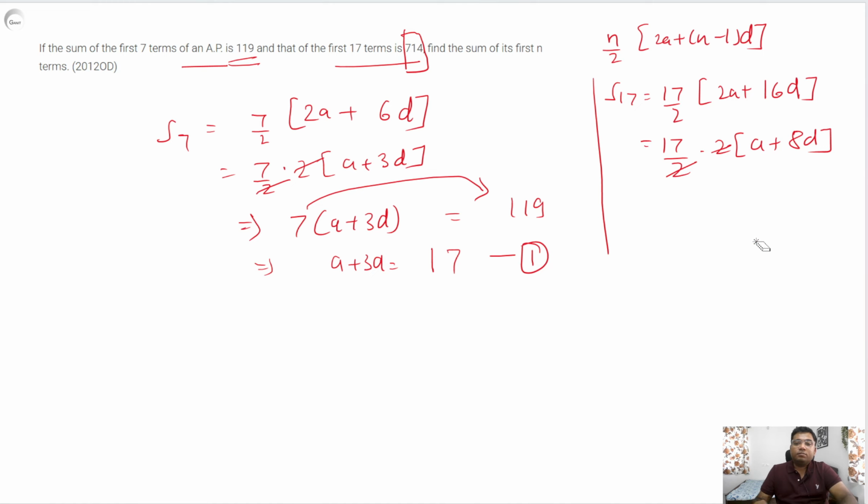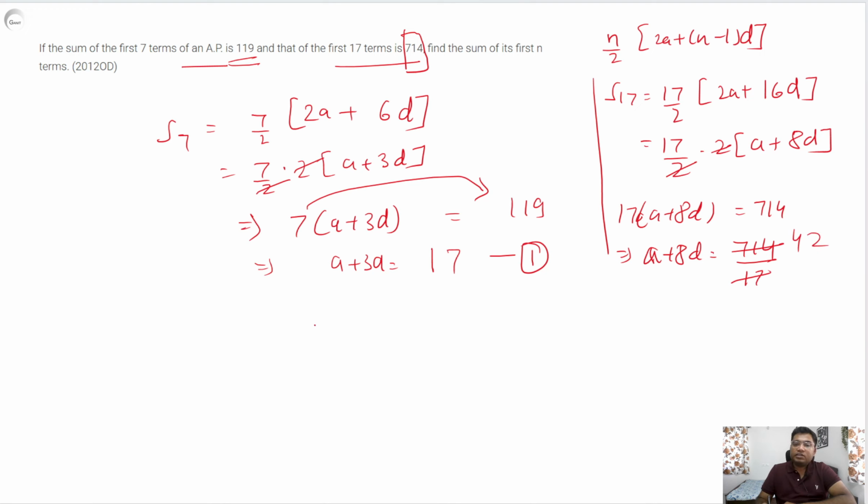I complicated the numbers too much, I believe. So what we have is 17 times a plus 8d, and that is equal to 714. That means a plus 8d is equal to 714 by 17. 17 fours are 68, 34, 17 twos are 34.